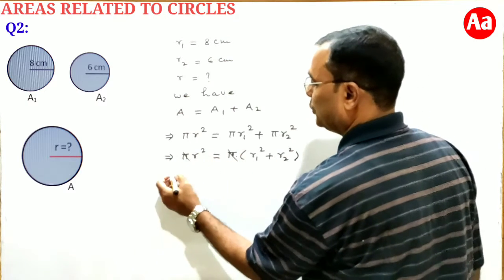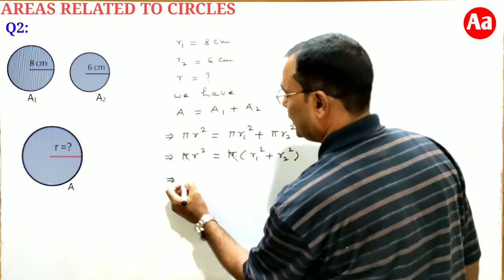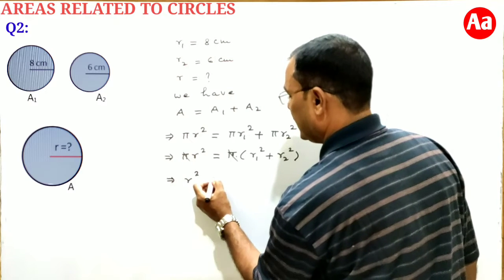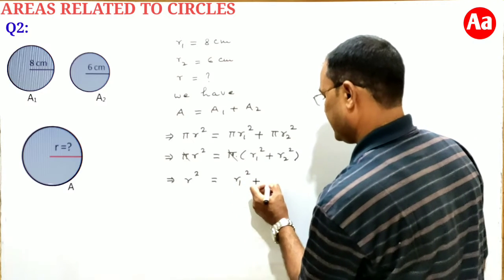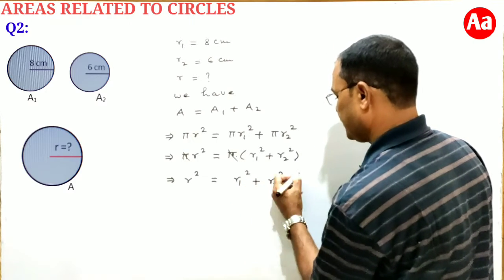Pi cancels from both sides, and so we have r square is equal to r1 square plus r2 square.